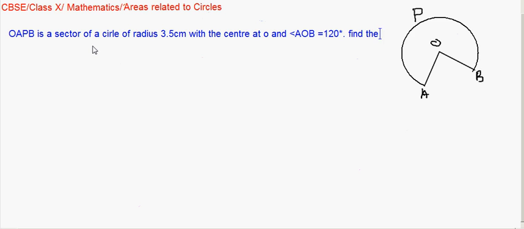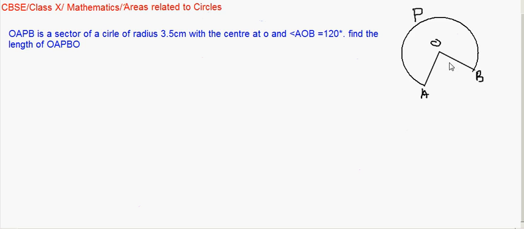Find the length of OAPBO. That means we have to find OA, then OB, and then the circumference part which is there in the figure.